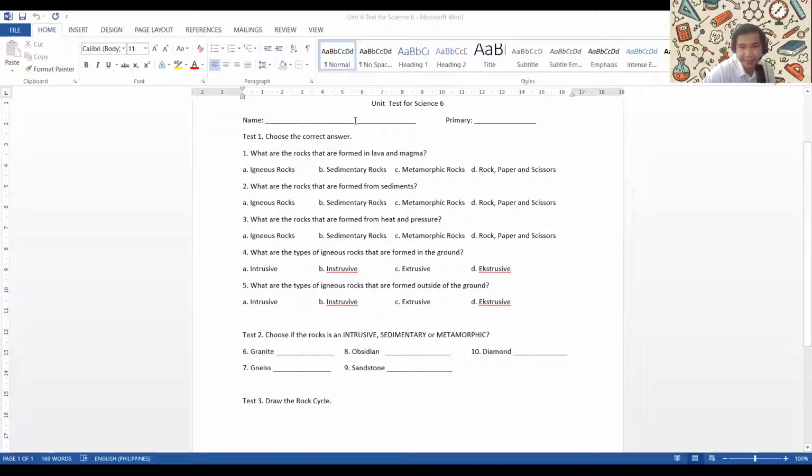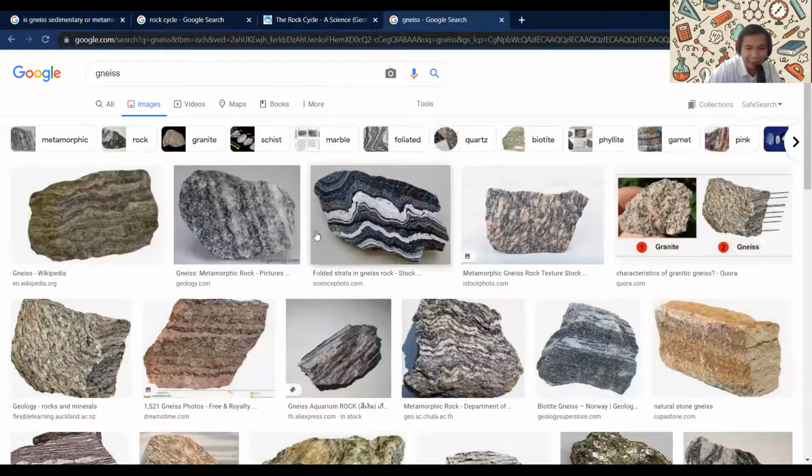The second question is gneiss. Gneiss. I mean, I think that's read as nice. I may be wrong, but let's see. What does gneiss look like? And is it an extrusive, intrusive, or other type of rock? This is what a gneiss rock looks like.